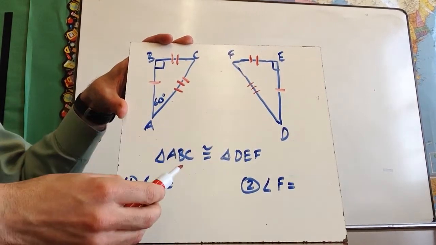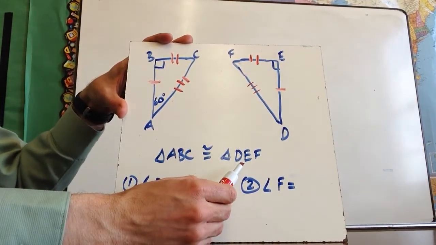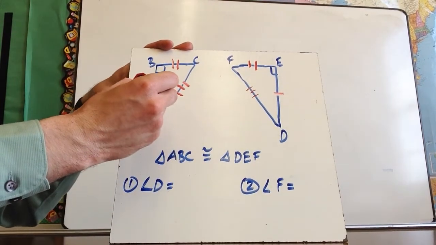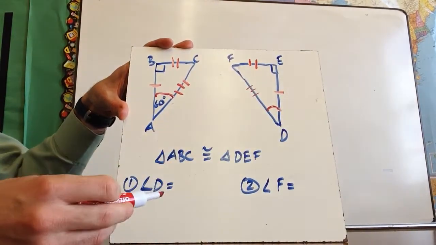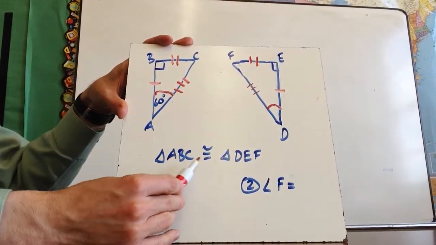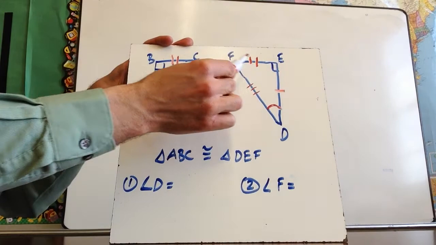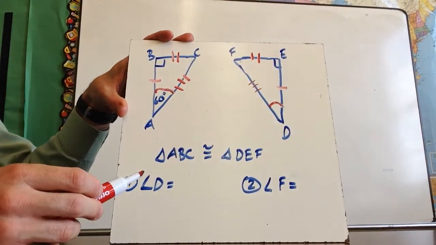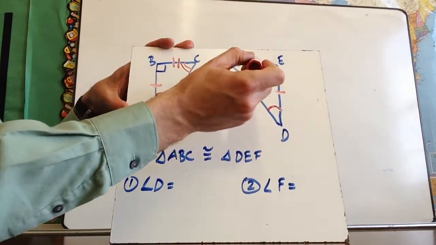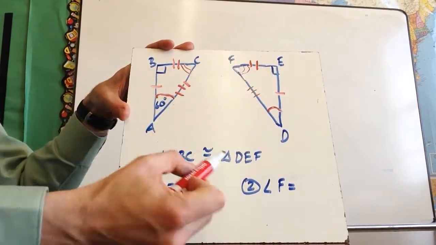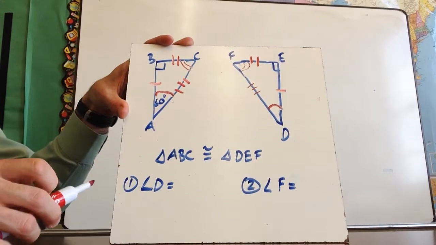We also know that angle A is congruent to angle D, so I'll put one arc there. Angle B is congruent to angle E, and so we've got the right angle symbols there, and then angle C, let's put the two arcs, is congruent to angle F. Angle C and angle F.